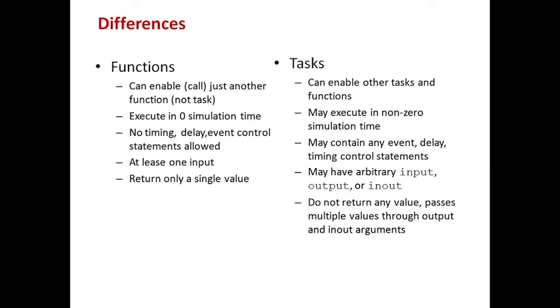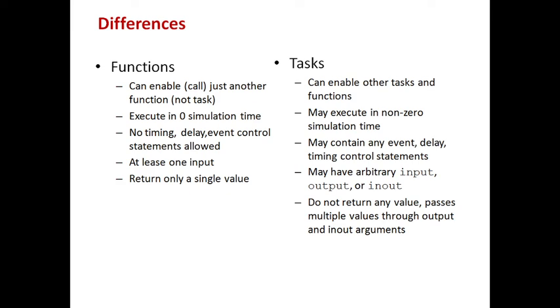So coming to task, a task can enable other tasks and functions. Like if a teacher has assigned some assignment work to a student, the student himself can complete the assignment work, or he can hand over the duty of completing the assignment work to his juniors also.